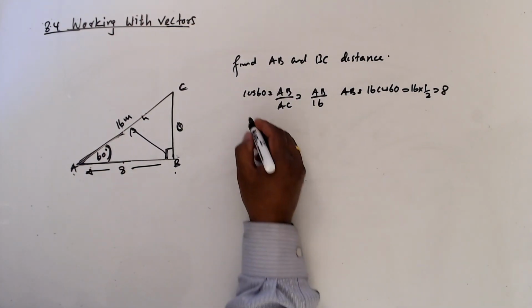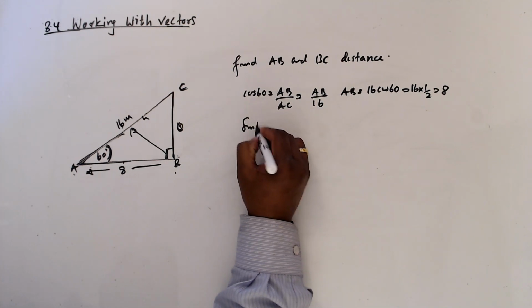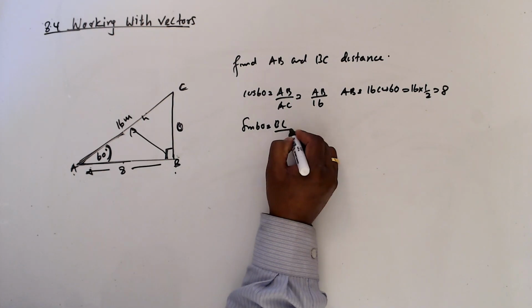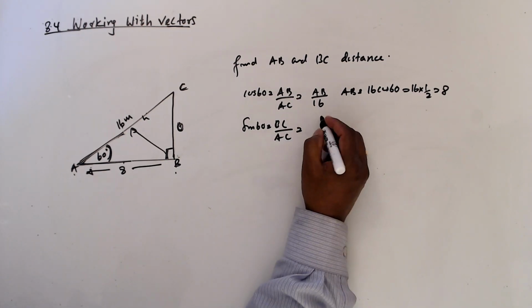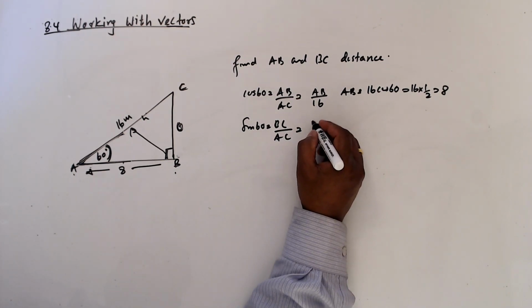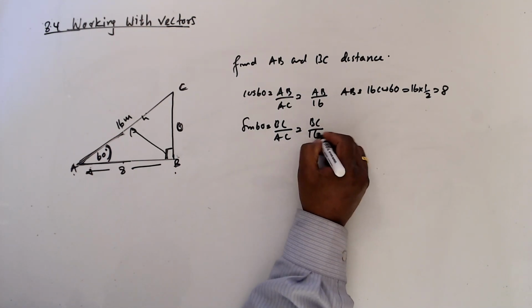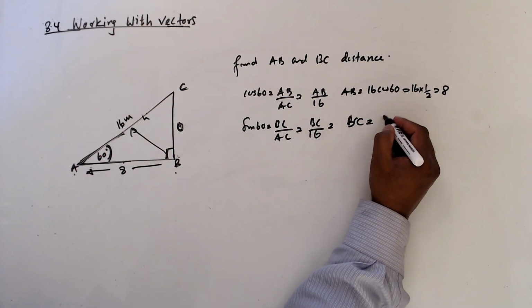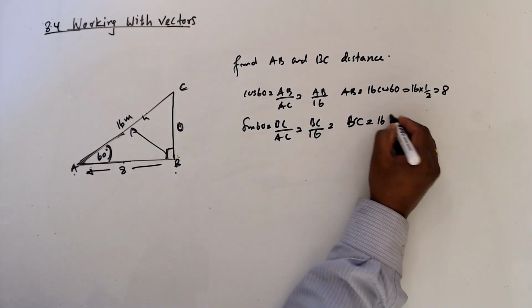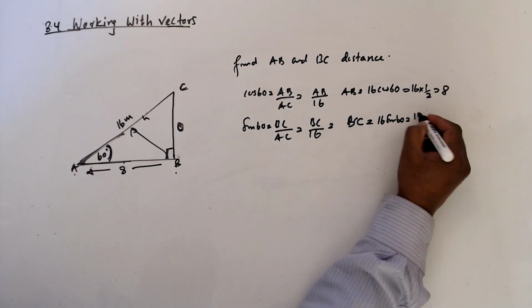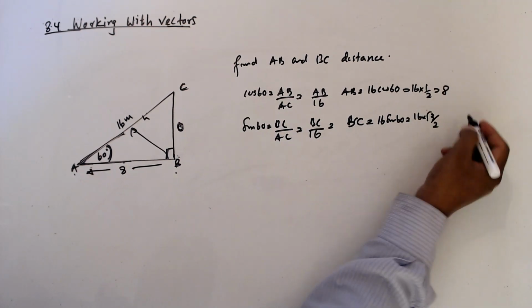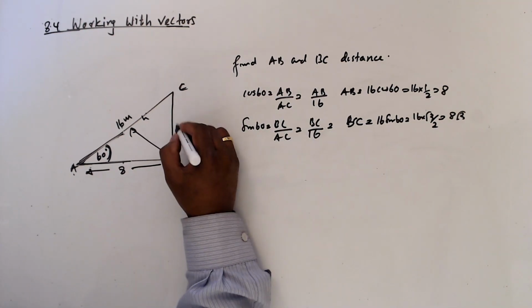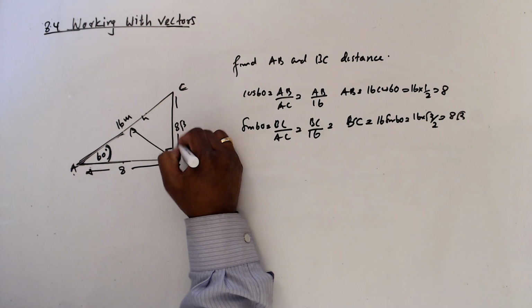And sine 60 is opposite over hypotenuse, which is BC over AC. AC is 16. So BC is 16 sine 60, which is 16 times square root 3 over 2. That is going to be 8 square root 3. So this distance is 8 square root 3.